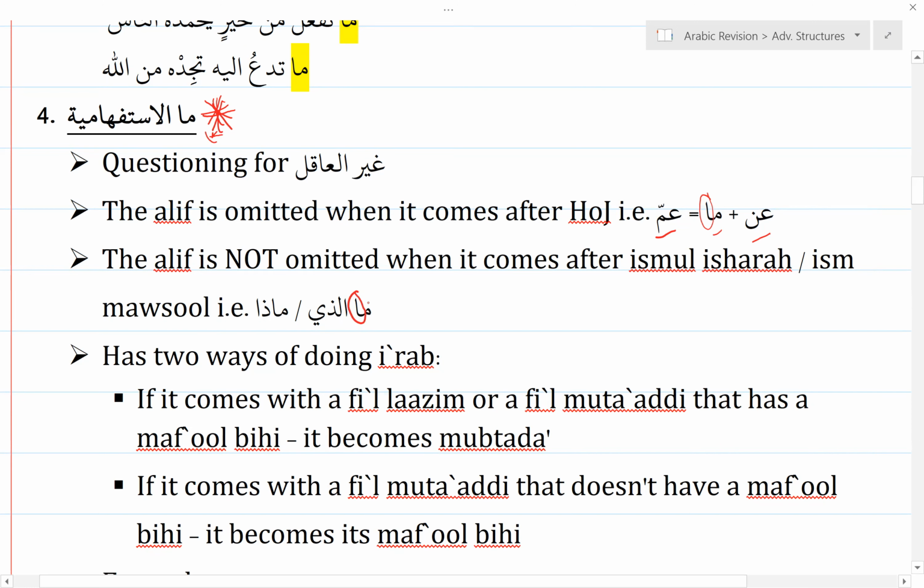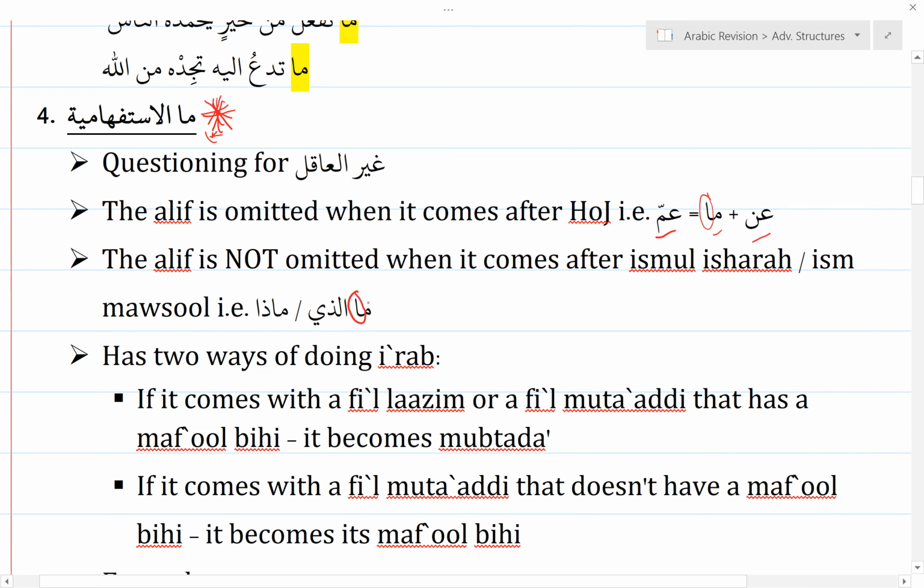It becomes a jumla ismiya. You have ma as the mubtada, and the fi'l and the jumla after it, which is a jumla fi'liya, becomes its khabar. But if the fi'l is muta'addi and its maf'ul bihi is not mentioned, now the fi'l is not complete in a sense, then the ma of questioning becomes its maf'ul bihi. Is that clear?